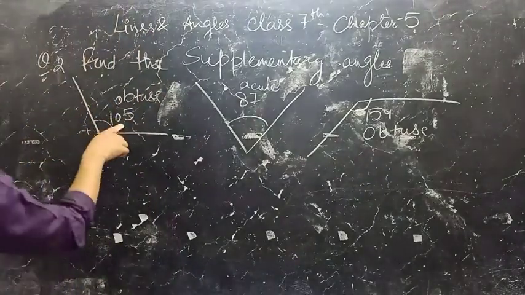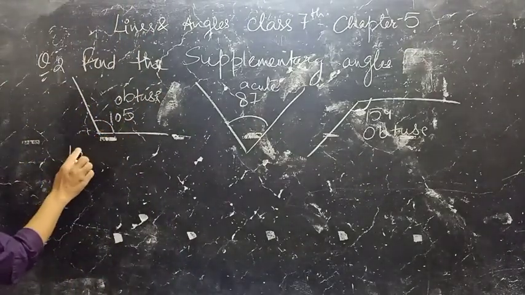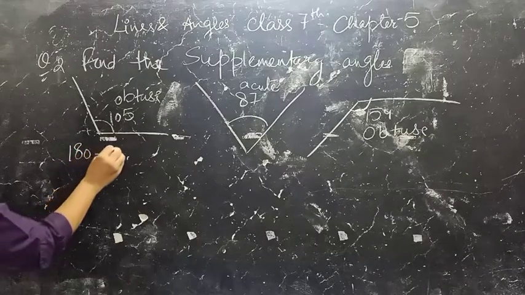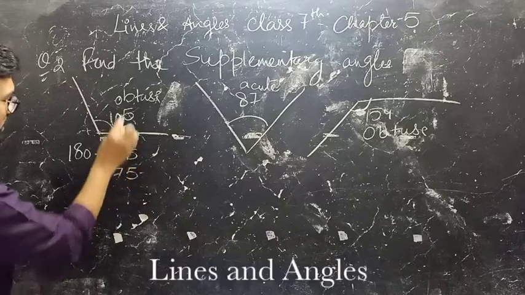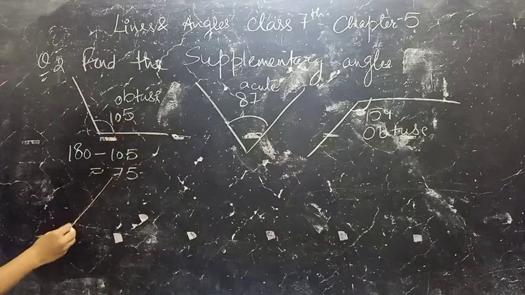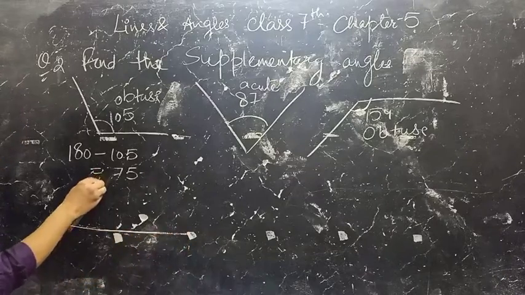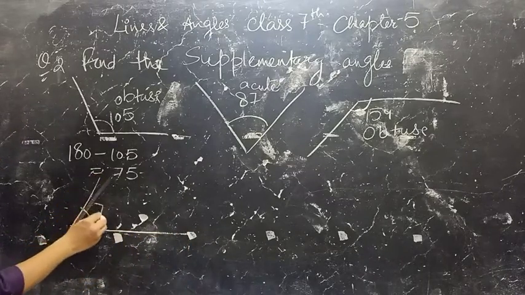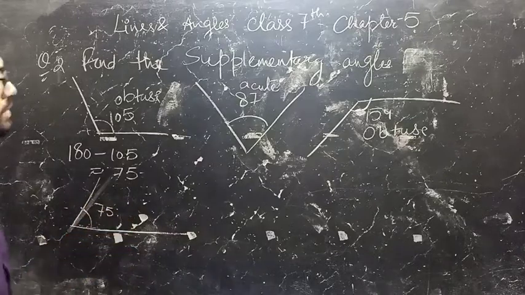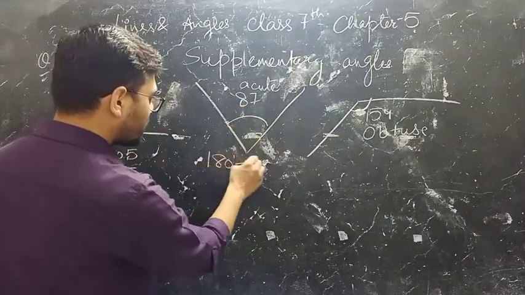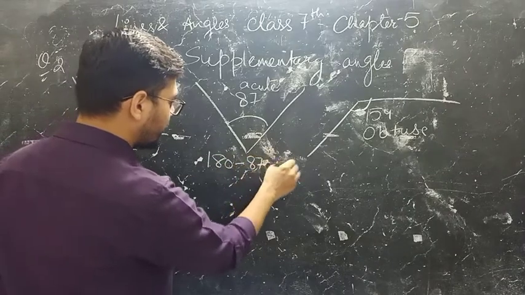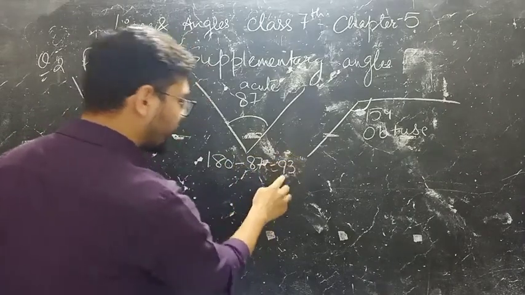So if this is 105, you can write 180 minus 105 is equal to 75, right? Its supplementary angle will look somewhat like this, around 75 degrees. Similarly, if this is 87, then 180 minus 87 will give you 93 degrees.